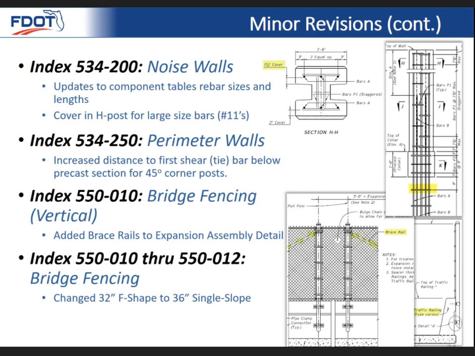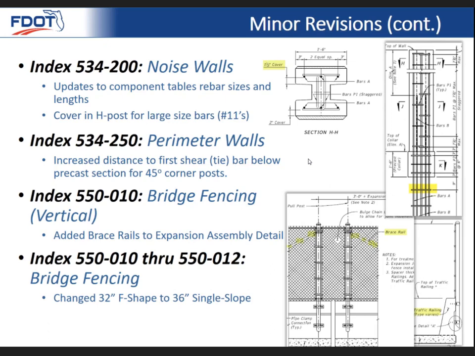Moving on to noise walls, there were some minor changes to the spacing of the stirrups, at the request of the precasters, and then we also clarified some acceptance criteria for those posts for basically the 22-foot high posts in the highest wind zone, where the cover on the backside of the post was getting a little tight with the number 11 bars, so we've relaxed some criteria there for acceptance in construction.